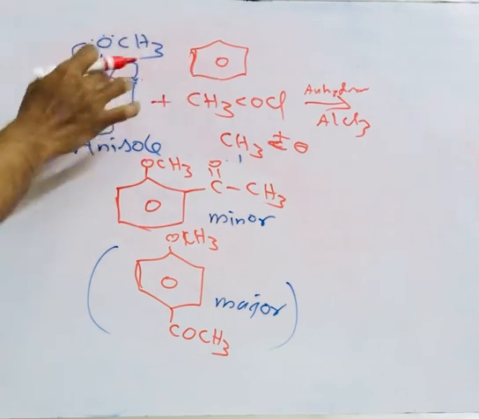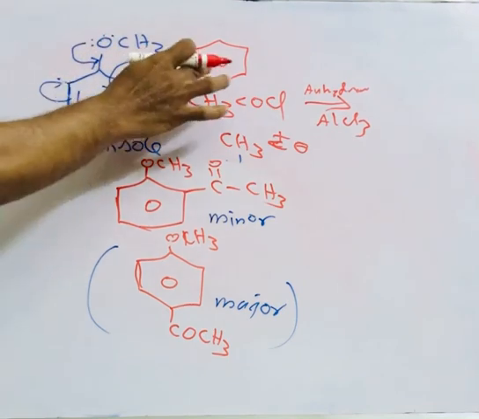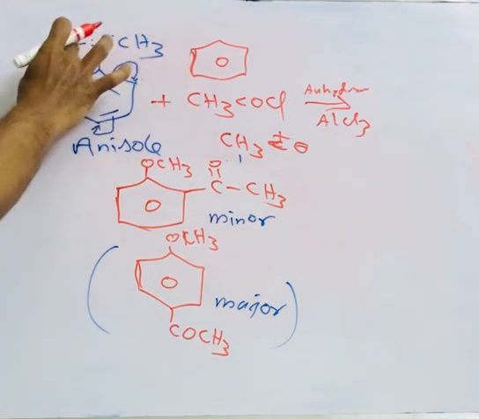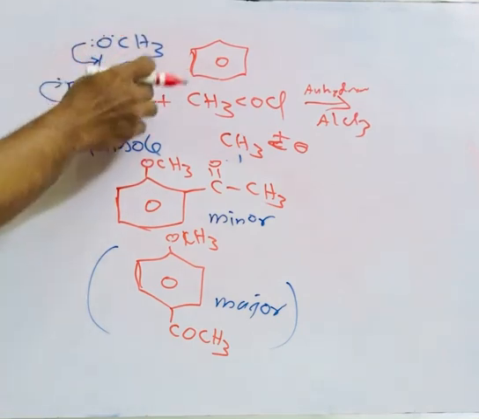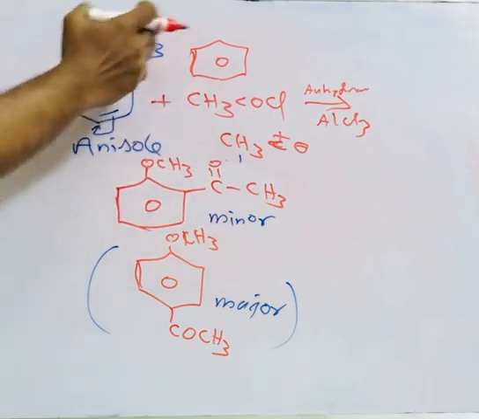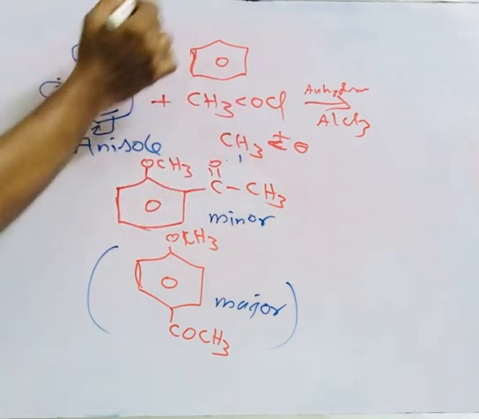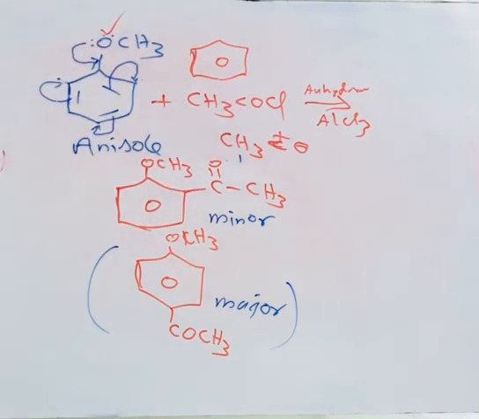The reactivity of anisole is higher than benzene, because some more electron density is coming from the OCH3 group. That means more electrons are available on the benzene, such that the electrophile can easily attack. So it is an electron donating group, that's why the reactivity will be higher.